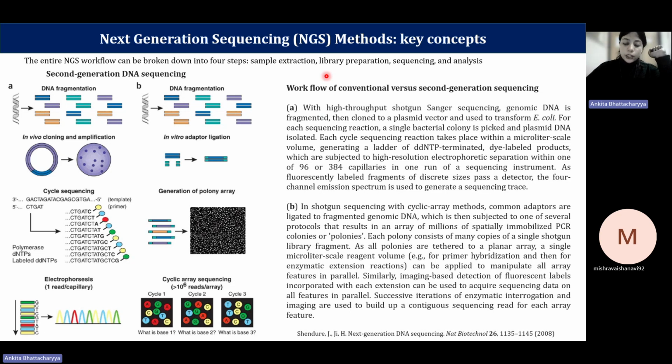So as part of it, you have this concept of creating clonal clusters, as in a dense region where the same type of DNA is present, so that from that region, whatever readout you get will be an amplified fluorescent signal that can be detected using imaging based techniques. For example, if you've read about microarray, this would be easy to understand.